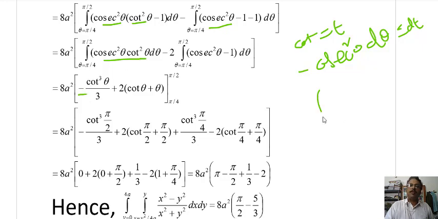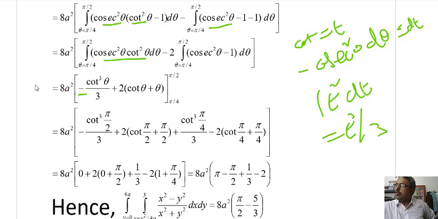Now this term becomes t square. Integral of t square equals t cube by 3, where t is cot theta, so cot theta whole cube by 3. This time the integration of cosecant square theta is minus cot theta.